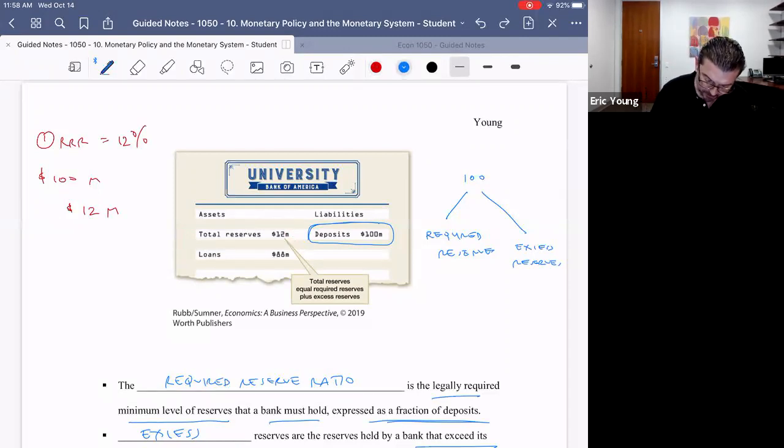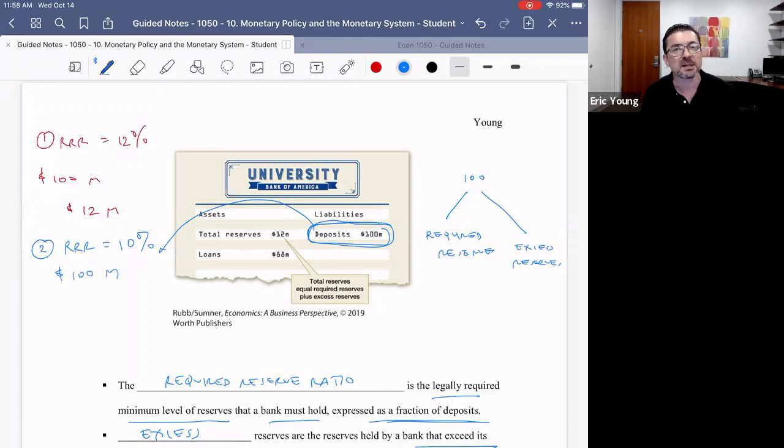Now let's go to case number two. Let's suppose that in this case, the required reserve ratio is 10%. Again, the bank holds 100 million in deposits. Because they have a 10% required reserve ratio, their required reserves are 10 million.